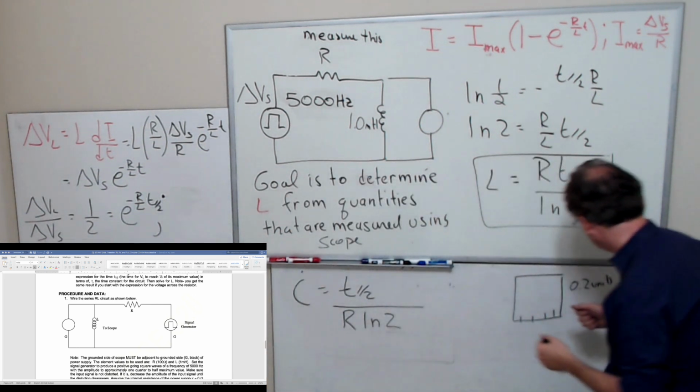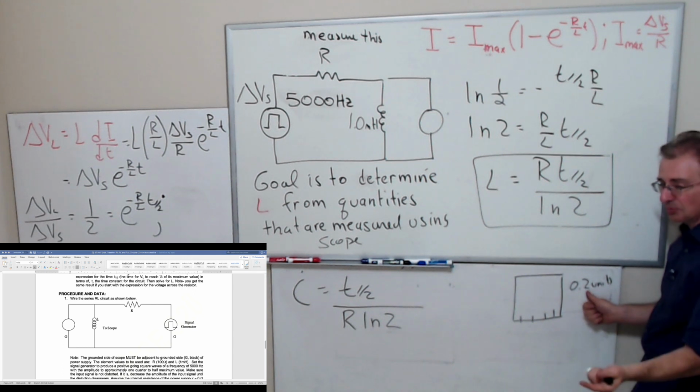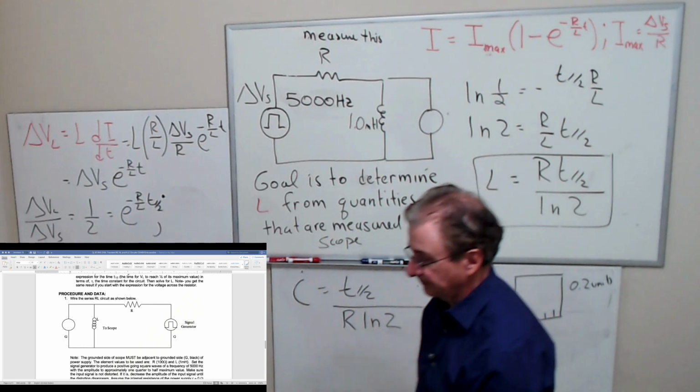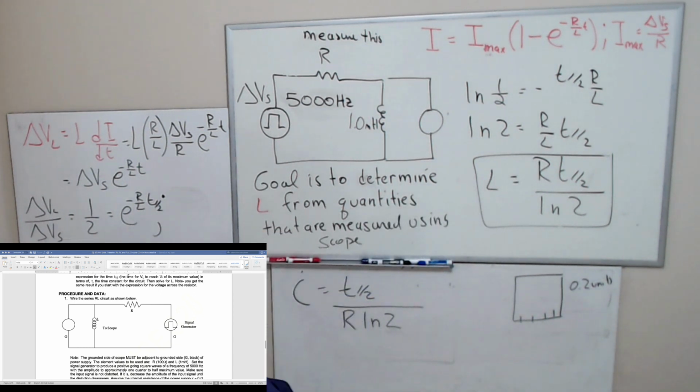Then 0.1 units times a smaller time scale will give you a smaller uncertainty. And when you expand the scale, it's easy to measure things. That's a good question.